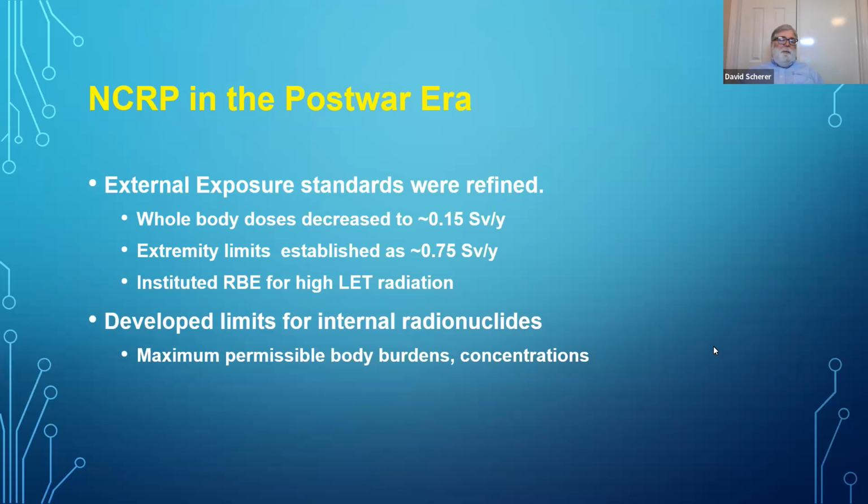They had one for radium, and I think they established about 10 max limits for nuclides. And these were conceived to be body burdens, so it's how much activity you had in your body, not in an individual organ. And so they derived maximum permissible body burdens and maximum permissible concentrations associated with that. That was the beginning of internal radiation protection standards.